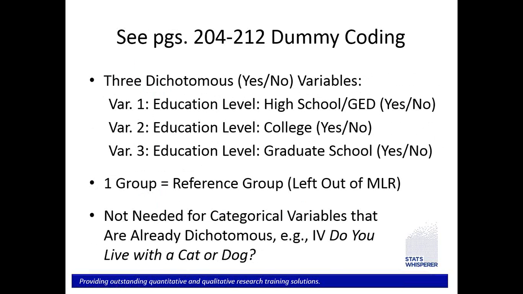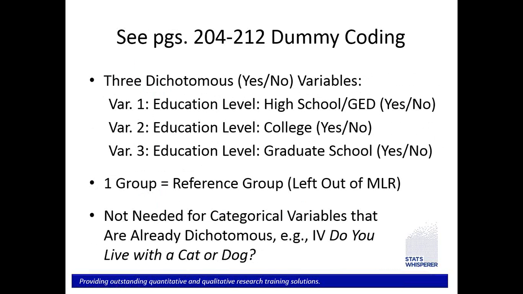Well, we might leave out variable 1, education level high school GED, and then in the regression model, the findings for the other 2 variables, education level college and graduate school, refer to high school GED. You'll see this in our model. It'll be much clearer.